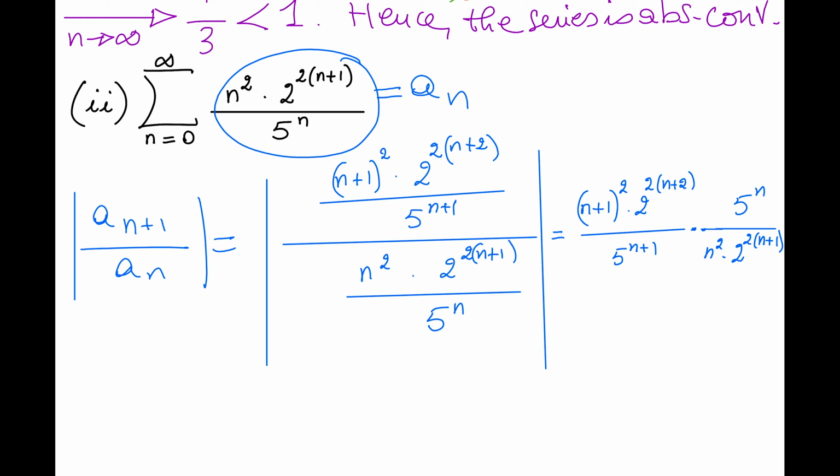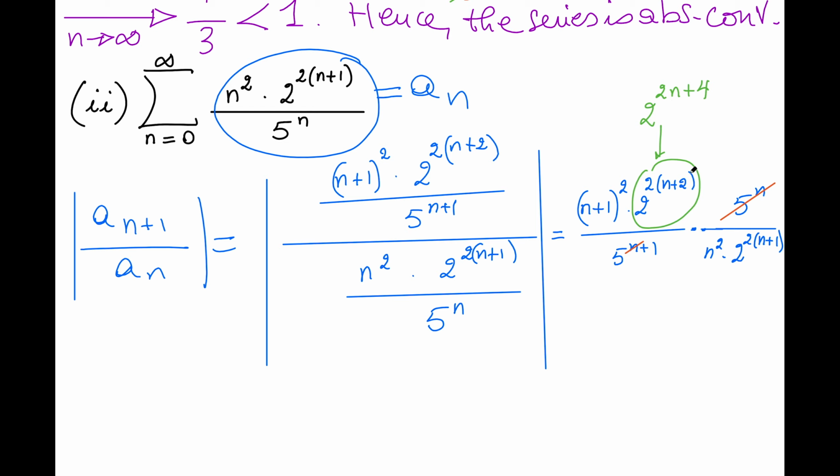Now, if you simplify by 5 to power n, that's going to cancel, exactly as we did above. That's going to be just 5. And if you divide 2 to power 2 times n plus 2 by 2 to power 2 times n plus 1, well, this guy is equal to 2 to power 2n plus 4. Agree with that?